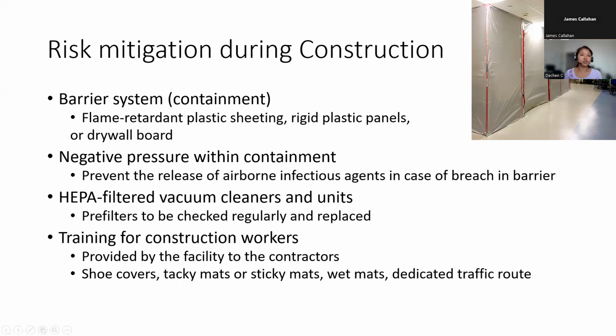Creating a negative pressure within the contained work zone relative to the adjacent spaces helps to prevent the release of airborne infectious agents in event of a breach in the containment barrier or when opening doors to move workers and equipment in and out of the work area as well.